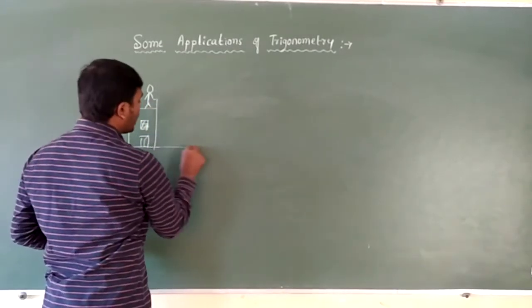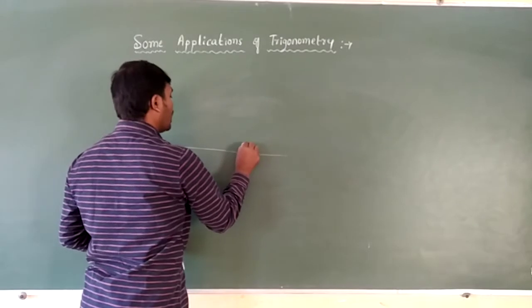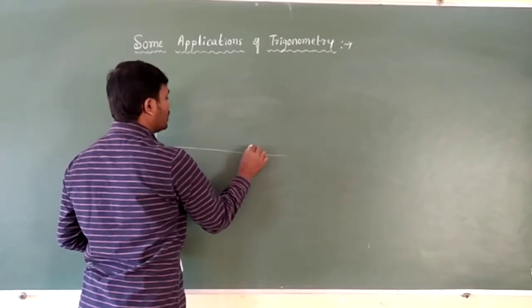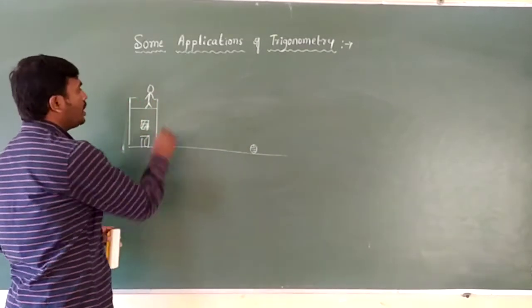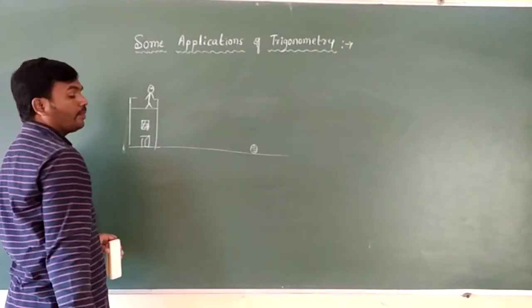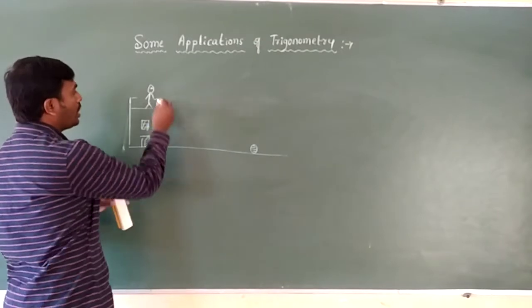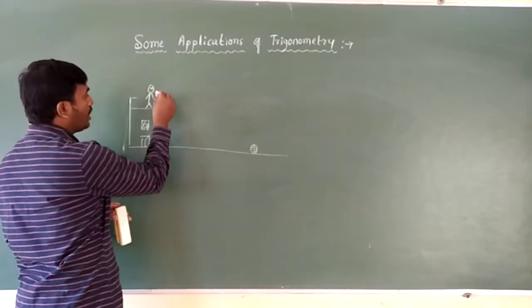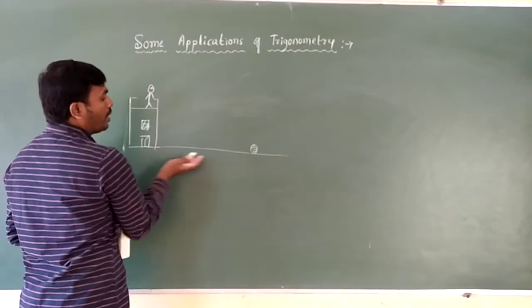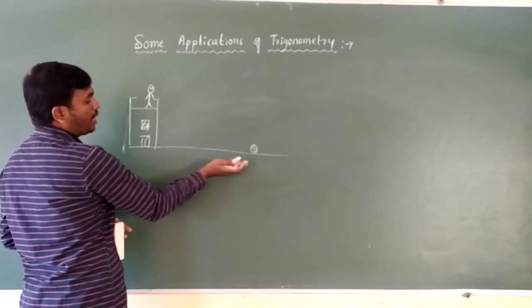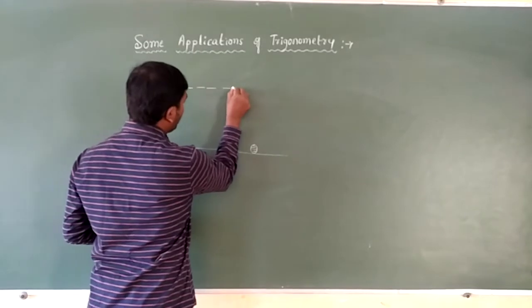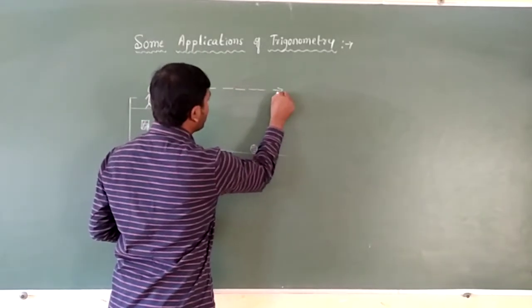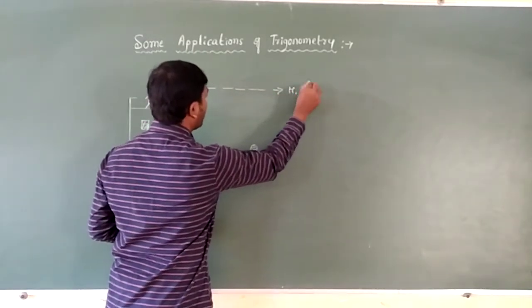He is looking at an object at the bottom, let us consider a ball on the ground. Here we again draw a horizontal line, which should be parallel to the earth.